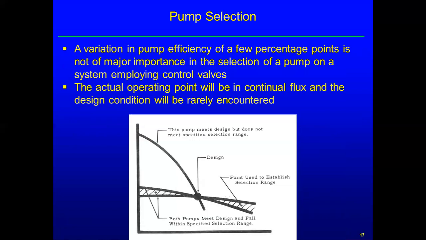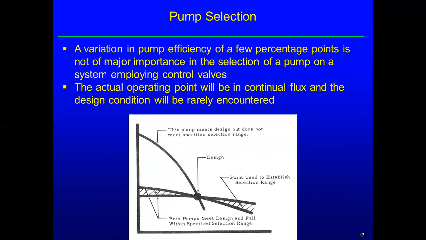Okay, with a constant speed system, and even with a variable speed system, if we have significant static head, the pump efficiency is just not going to stay the same as we move to different operating points.